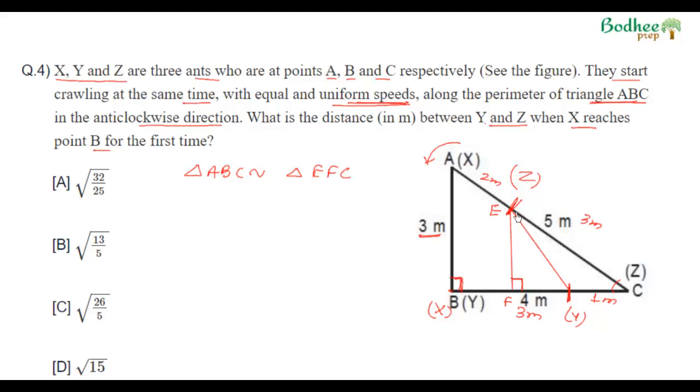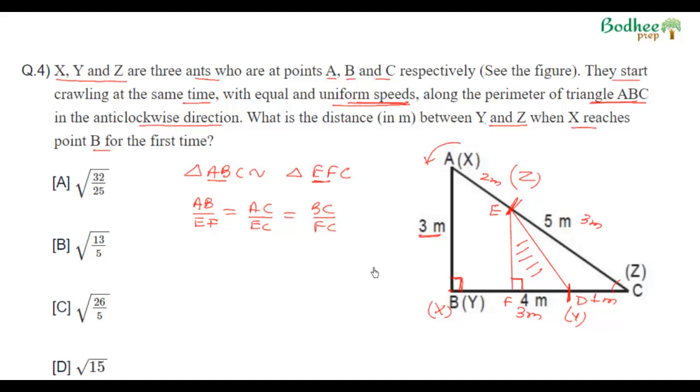Now to figure out the length of ED, we have to find the length of EF and the length of FD, so that we can apply Pythagoras theorem in this triangle to get the length of ED. If we want to figure out the length of EF, then because these triangles are similar, AB over EF is equal to AC over EC, which is equal to BC over FC.